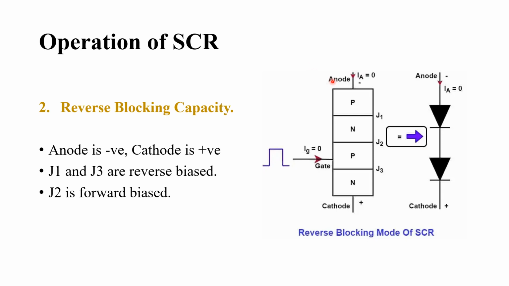That means anode is connected to the negative terminal of the battery, whereas cathode is connected to the positive terminal of the battery. Hence junction J1 is reverse biased and junction J3 is also reverse biased, and junction J2 is forward biased. So this condition is called reverse blocking capacity.